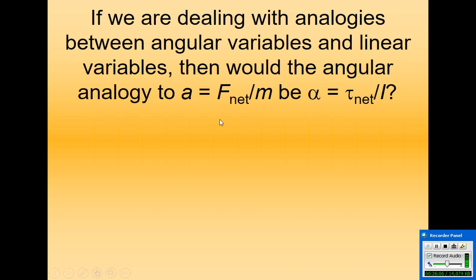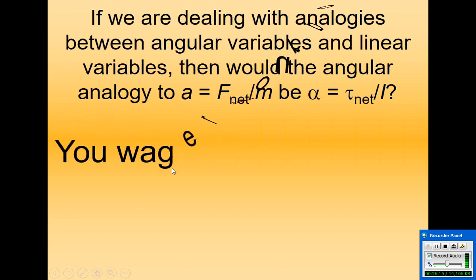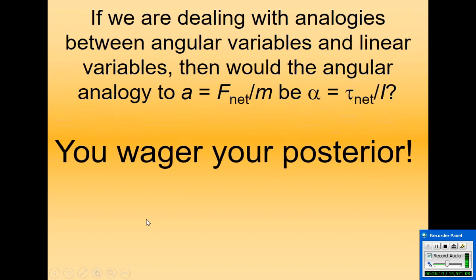In other words, can I just replace all of these linear variables with their rotational analogs? And in this circumstance, the answer is yes, you can. The second equation, alpha equals net torque divided by moment of inertia, yes. That is Newton's second law for rotational motion.